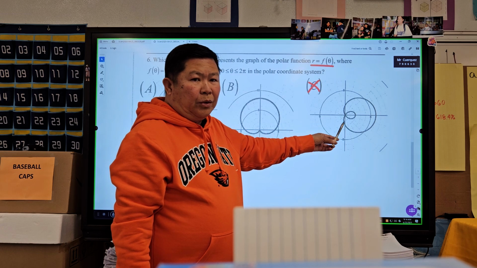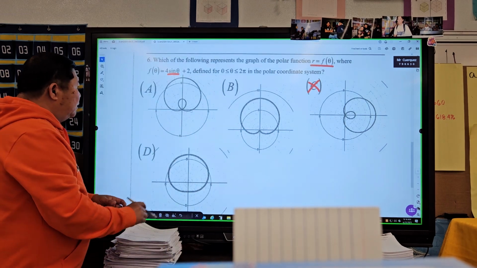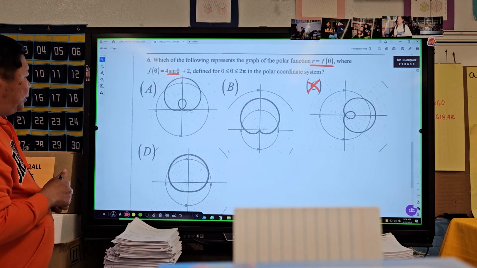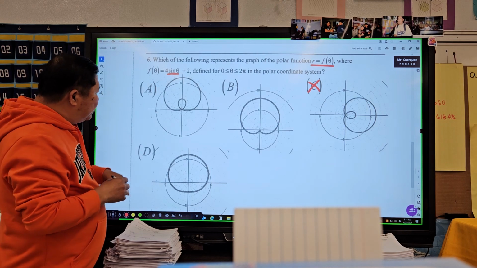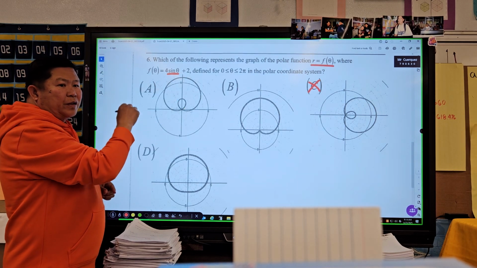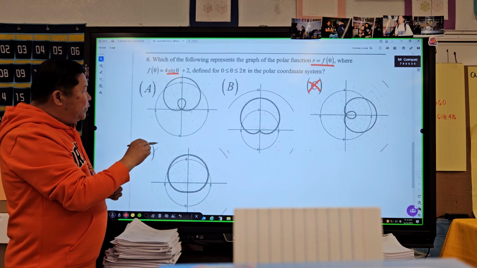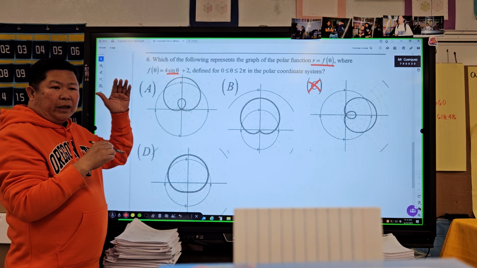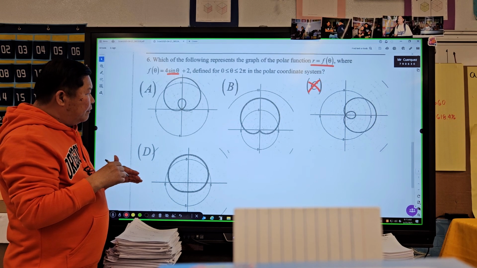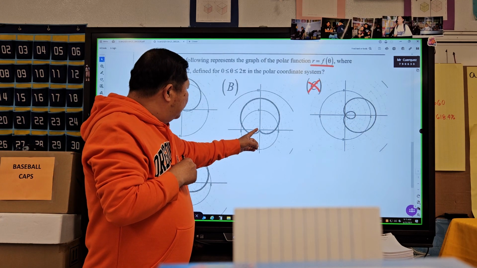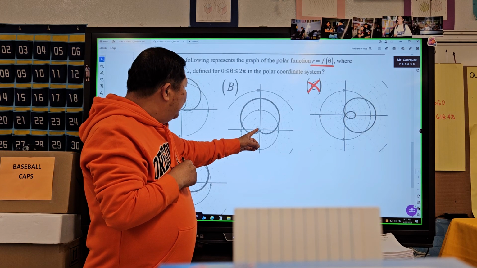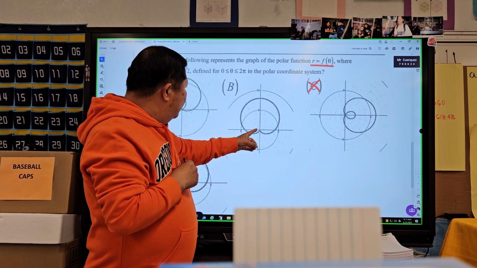Okay, polar. So let's have plus 2, or when we say 4, that means we're gonna have to count how many circles. So it must be 4 units. But the thing is, can you count how many circles there are for this one? 5.